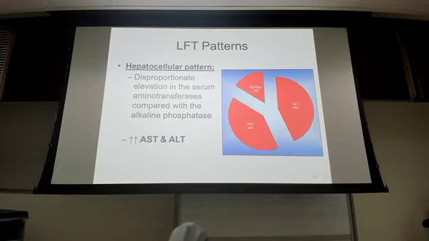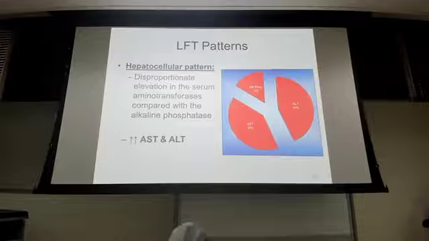So for hepatocellular, meaning it's happening in the cells of the liver where we're having injury or damage, you're going to see a marked elevation in AST and ALT. So if your patient is having hepatocellular injury, it will be a marked elevation in both AST and ALT.